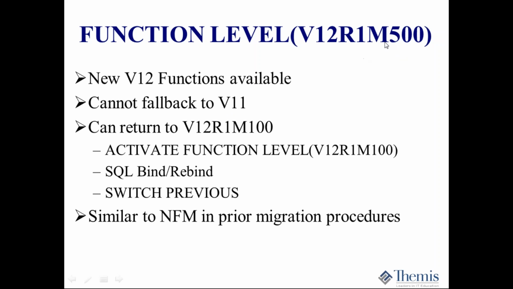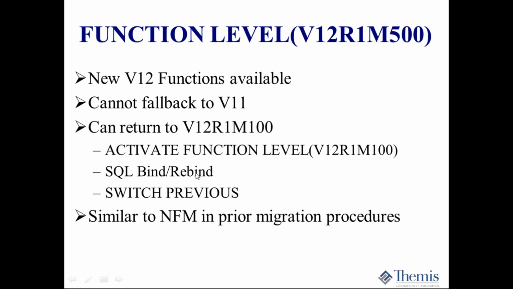However, if you have a problem with the new functions, but you were working just fine under modification 100 where you couldn't use the new functions, you can always activate 100 again and then rebind under modification 100 anything that had attempted to rebind under modification 500.